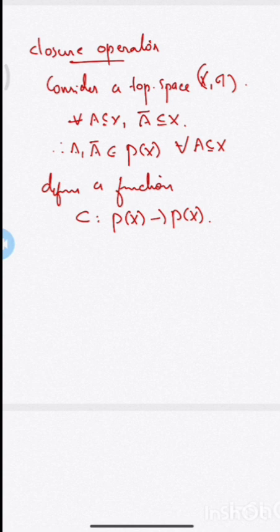C from P of X to P of X is defined as follows: for A a subset of X, C of A is defined as A closure. When A is a subset of X, A closure is also a subset of X. So A belongs to P of X implies A closure also belongs to P of X. So clearly C is a well-defined function, and since it is a function from P of X to itself, it is called an operator.